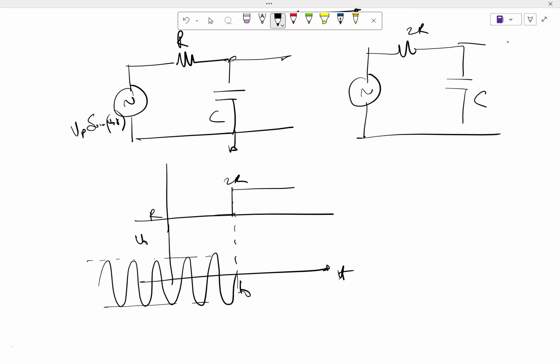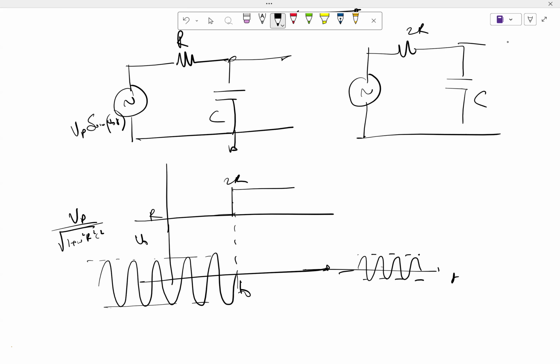So what will be the amplitude of the waveform that you're going to see at steady state across C? Yeah, right. It's basically Vp by root of 1 plus omega square R square C square, and there will be a phase shift. And after t equal to infinity, what are you going to observe? Will it be smaller amplitude or higher amplitude? Smaller amplitude. So at t equal to infinity, you're going to have the smaller amplitude.